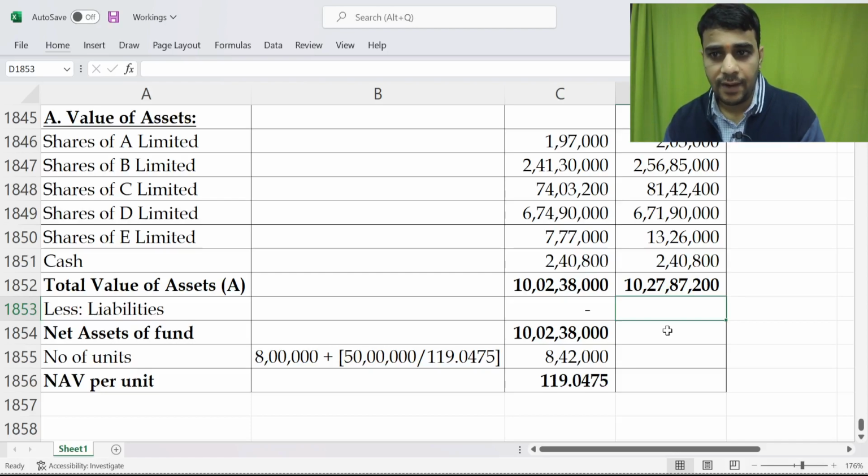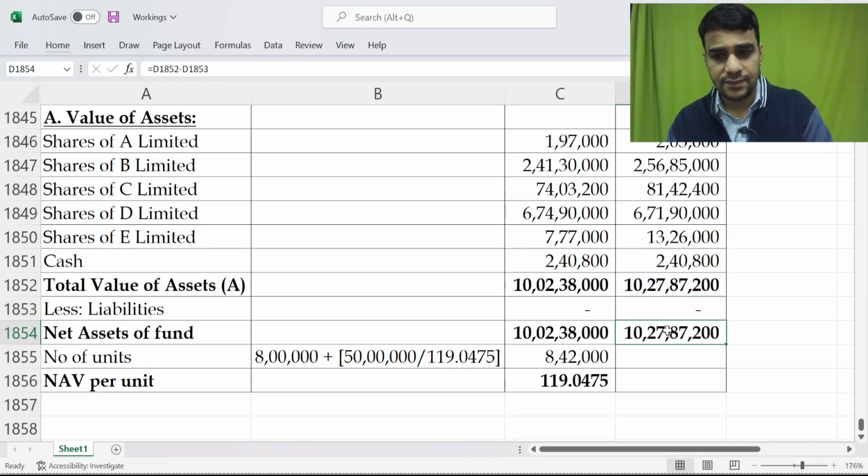There is an increase in the value of assets. There can be a decrease as well. Clear?